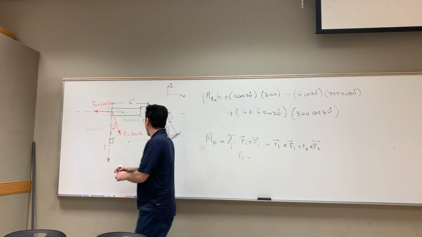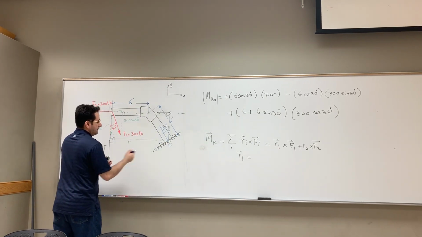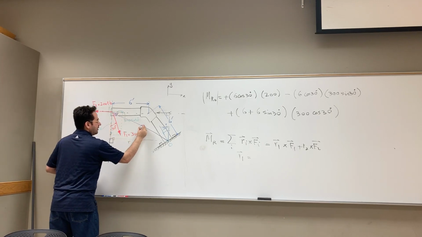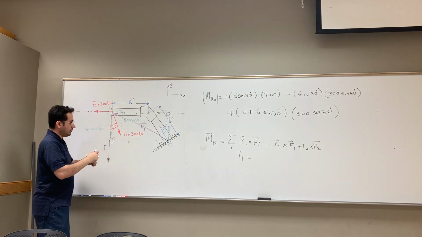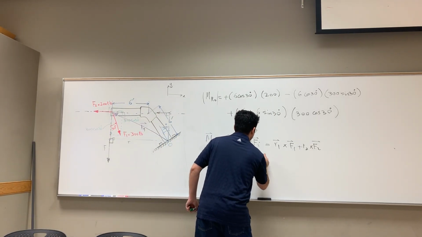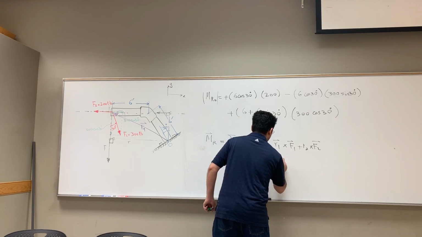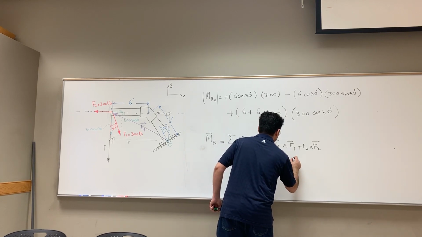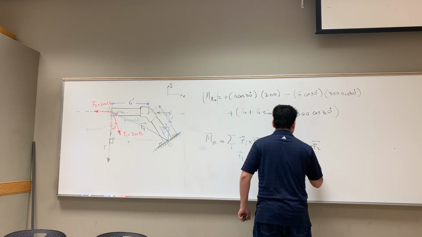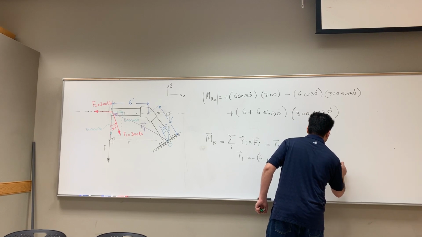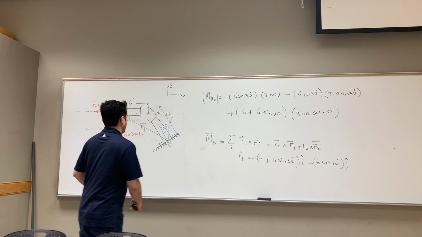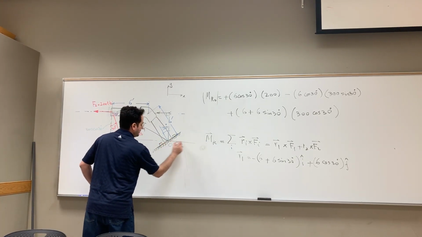So let me draw it. R1 is this. This is R1. So what should I write for R1? 6 plus 6 sine 30 with negative I plus 6 cosine 30 J. But my reference is right here, right?